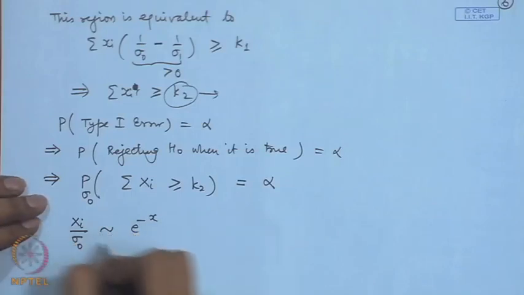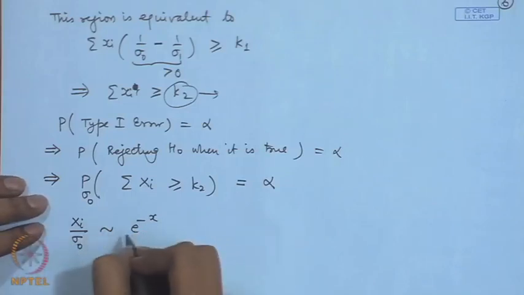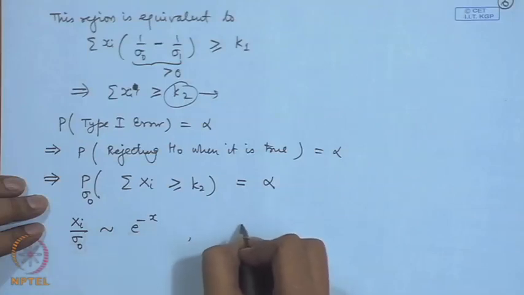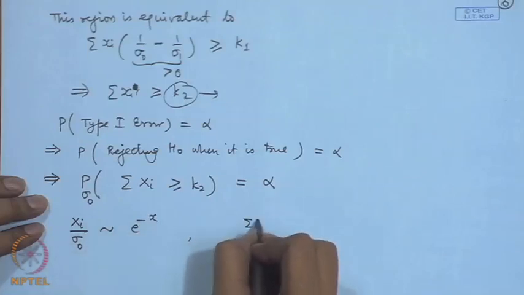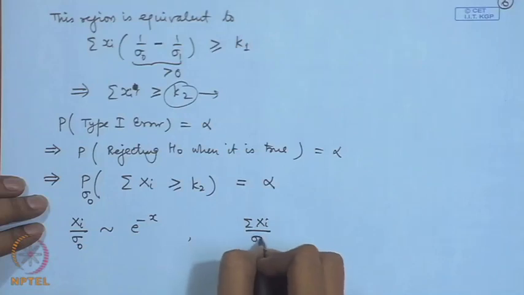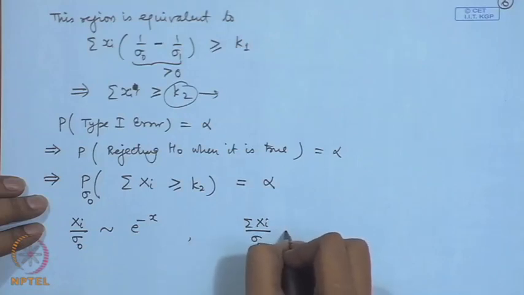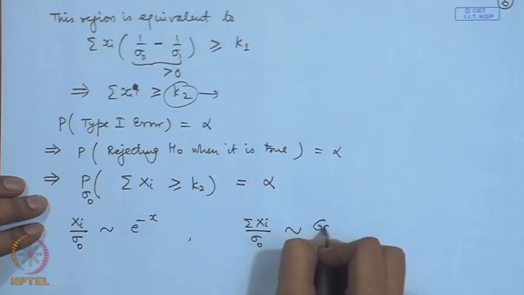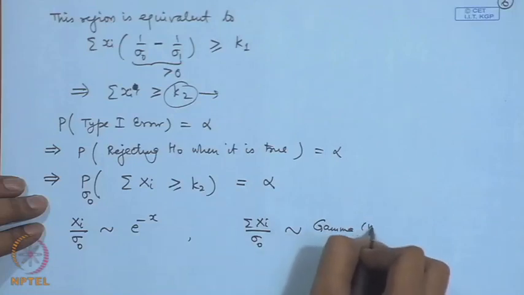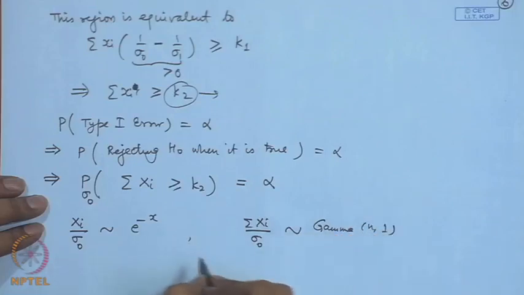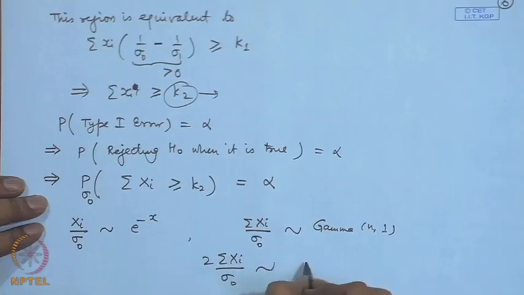If I consider sigma X_i by sigma naught, then that will follow gamma(n, 1). If I consider twice sigma X_i by sigma naught, then that will follow chi-square distribution on 2n degrees of freedom.